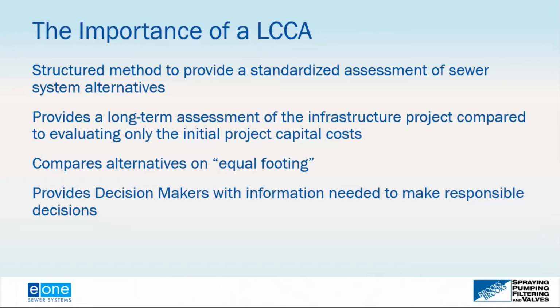There might be an alternative that has a lower capital construction cost now, but has a significant operation and maintenance cost. One of the traps we fell into in the industry, at least speaking from the U.S. perspective, goes back 30, 40 years when there was a lot of federal funding for projects. Municipalities were getting wastewater projects funded at 60, 70, 80% federal money.